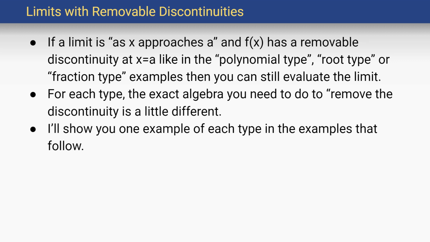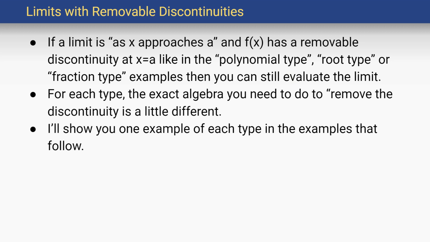But just kind of an overview of this process here. The idea is this, okay? So you have a limit, and the limit is as x approaches a. And f of x happens to have a removable discontinuity at a, right? Just like the polynomial type, the root type, or the fraction type examples that we just looked at, okay?